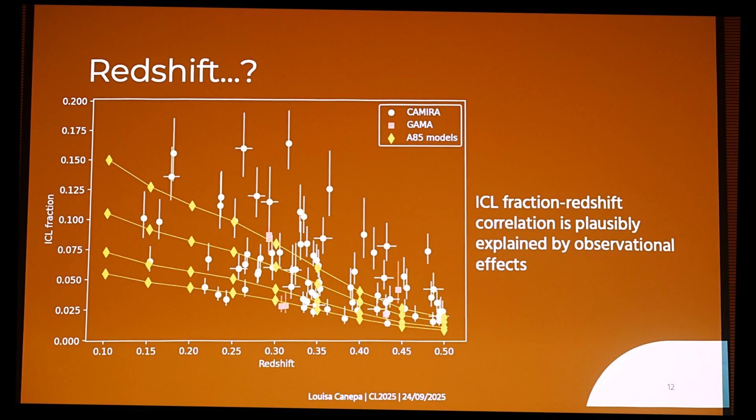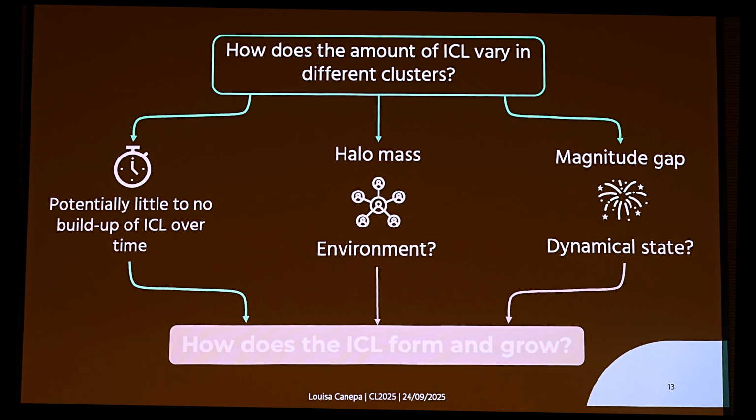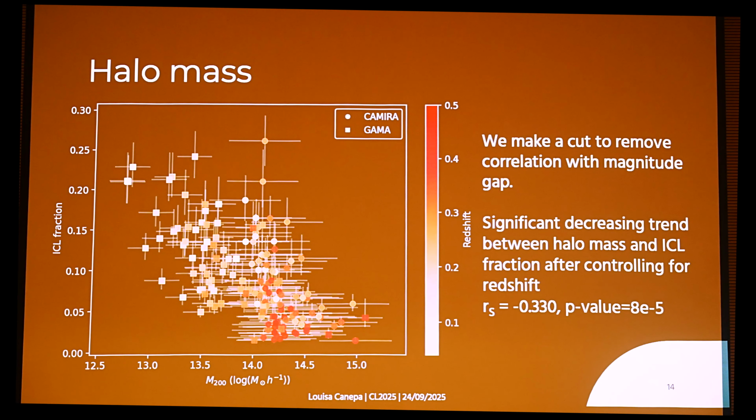And so what we're finding is that the ICL fraction redshift correlation that we are observing in our real data is actually kind of plausibly explained by these observational effects, even though this is just a very simple model so far. So what this indicates is that potentially we're seeing little to no buildup of ICL over time within these clusters.